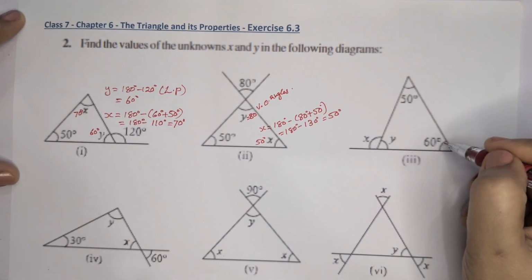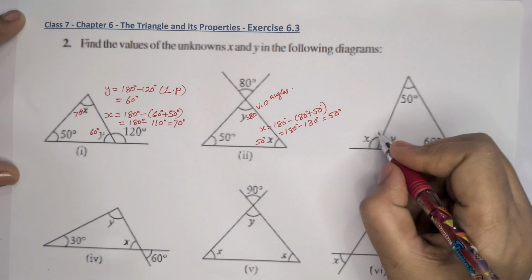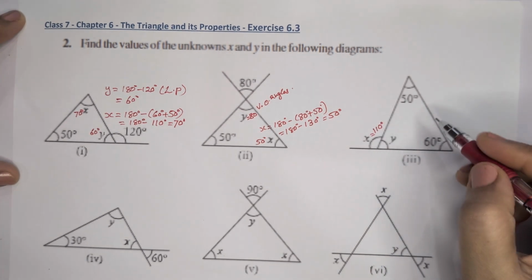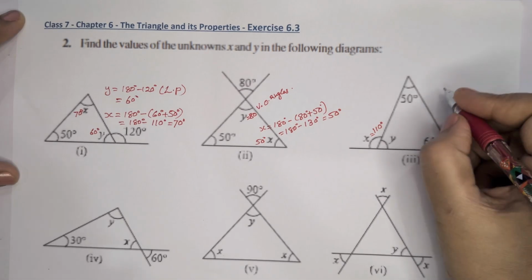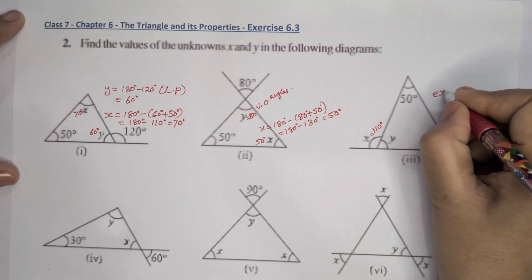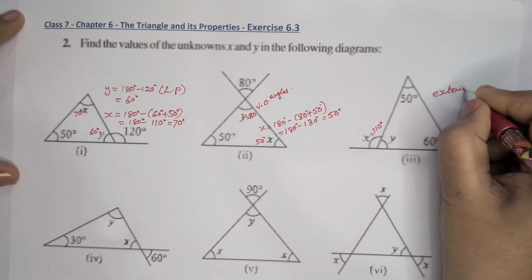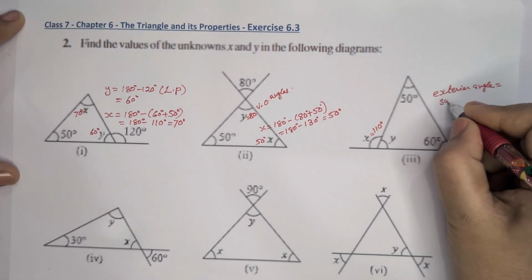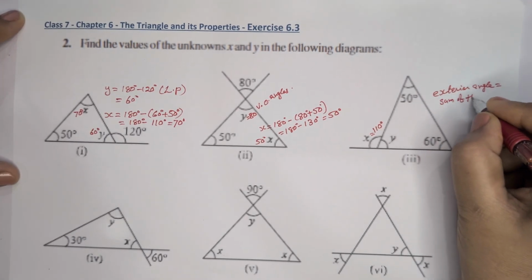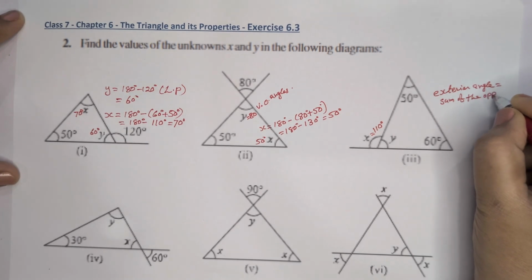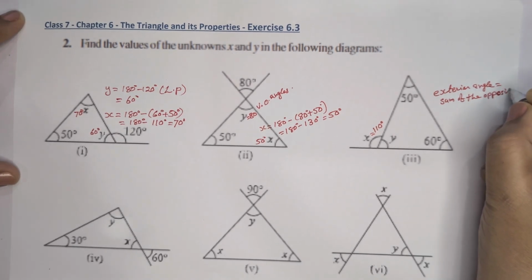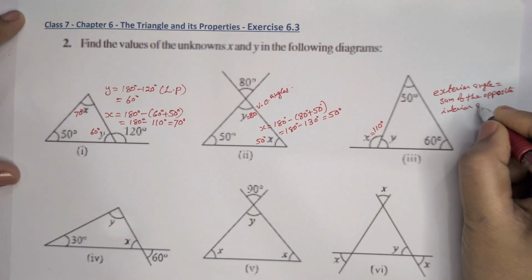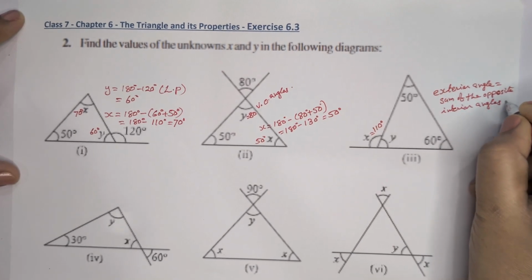Here 50 plus 60 is 110. So x is equal to 110, using the property that the exterior angle is equal to the sum of the opposite interior angles.